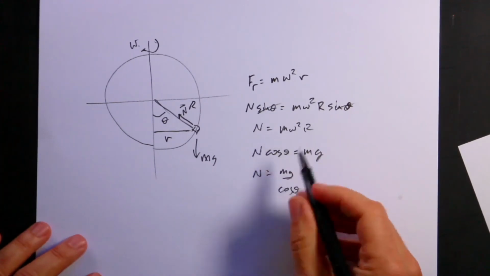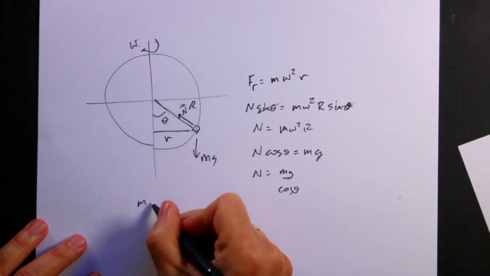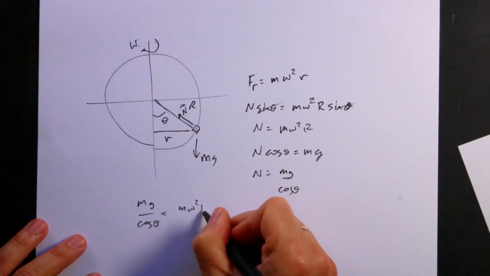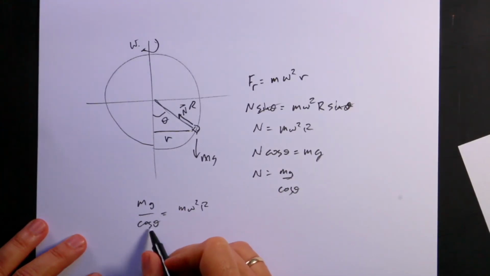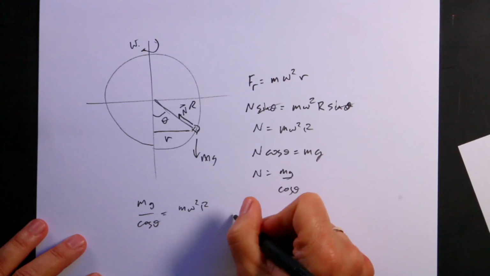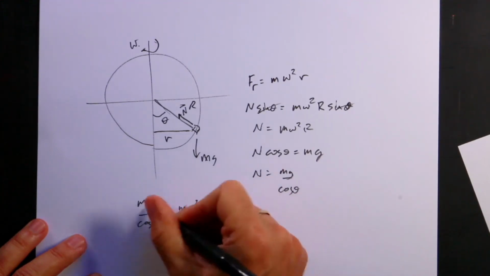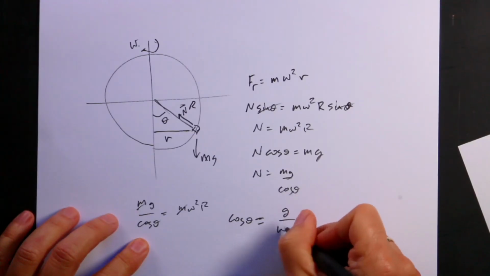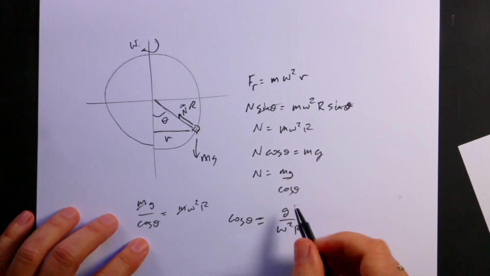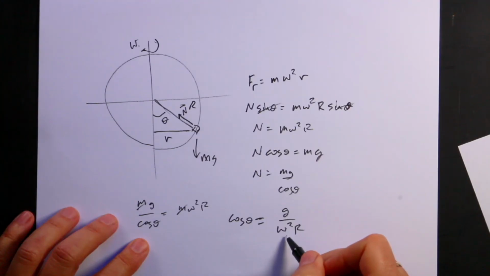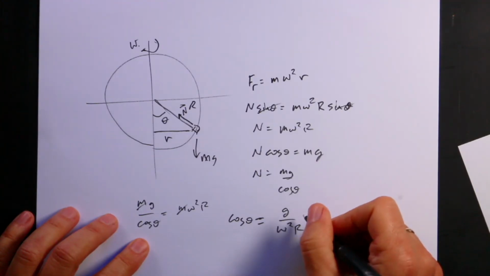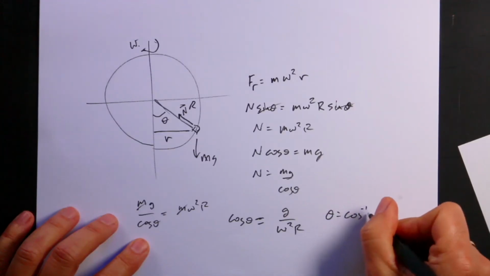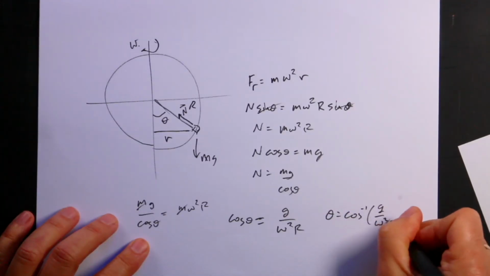So if I put that up here, I get mg over cosine theta equals m omega squared R. And if I solve this for cosine theta, the mass cancels. Cosine theta is going to be g over omega squared R. And let's see, that's meters per second squared. Okay, that works. So theta is going to be the inverse cosine of g over omega squared R.